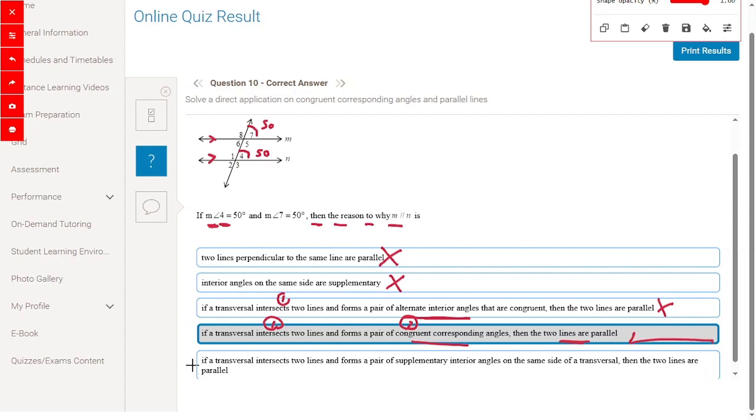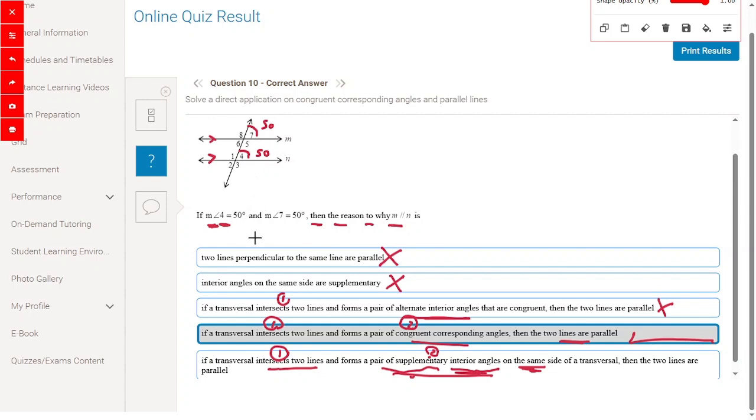Now here, the last one: if the transversal intersects two lines, this is condition number 1, and forms a pair of supplementary interior angles. This is condition number 2, but this condition is not our case here in our question. Here our question is telling about corresponding angle, because there is no interior angles.